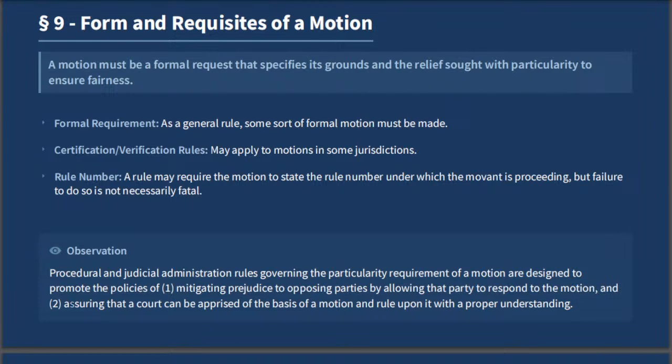And 2, assuring that a court can be apprised of the basis of the motion and rule upon it with a proper understanding. So those are the purposes for these rules governing the particularity requirement. So they need to be very particular so the court is apprised of the basis of the motion and the opposing party has its opportunity to respond effectively.